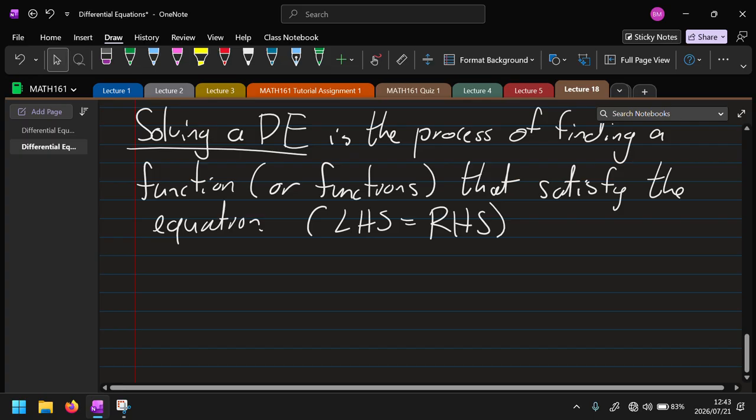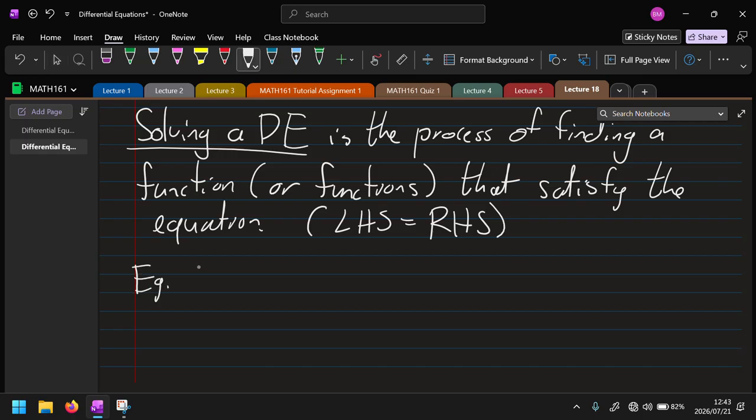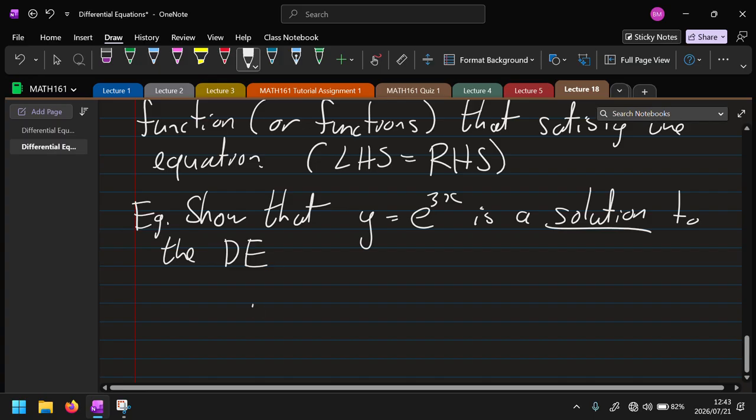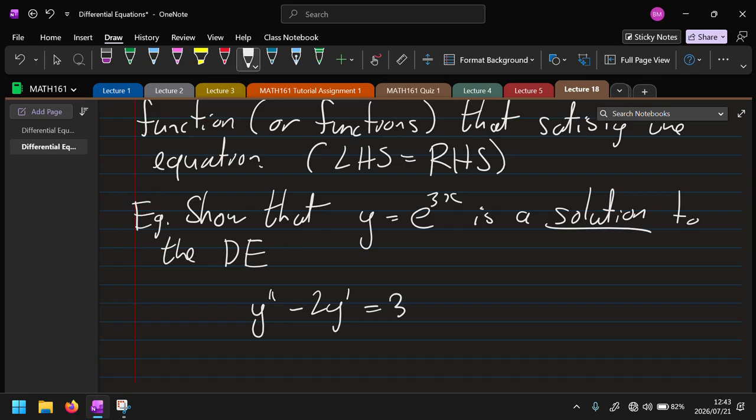So we'll have a look at a very simple example. Show that y equals e to the 3x is a solution. If you're solving something, you call that a solution. So show that y equals e to the 3x is a solution to the differential equation y double prime minus 2y prime equals 3y.